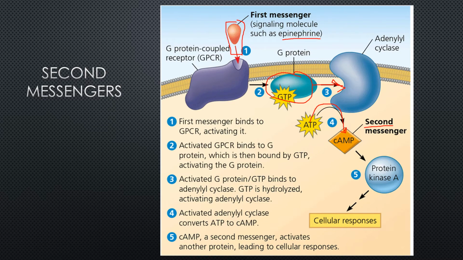And then our cyclic AMP activates yet another protein, in this case protein kinase A, which then through a series of other proteins eventually leads to other cellular responses.